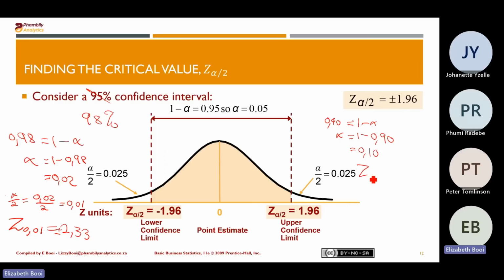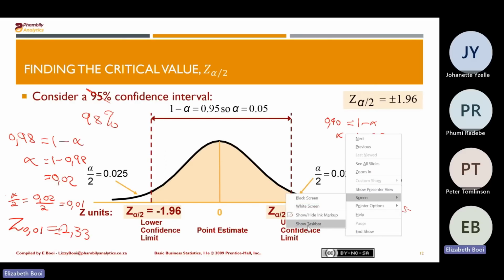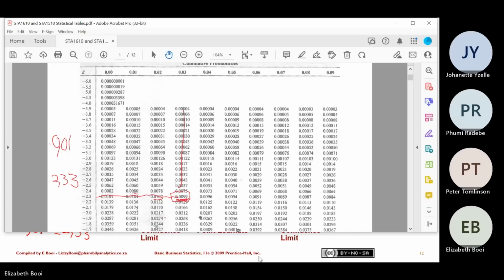Our Z of alpha divided by 2 is the Z of 0,10 divided by 2, which gives us Z of 0,05. Now I need to go and find 0,05 from the table. And this is where the exception to the rule comes in. You will always have to remember that.